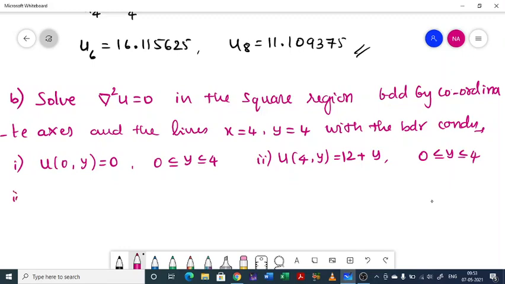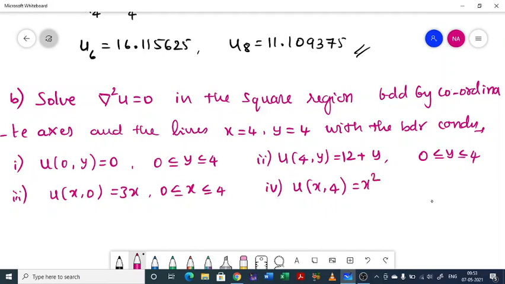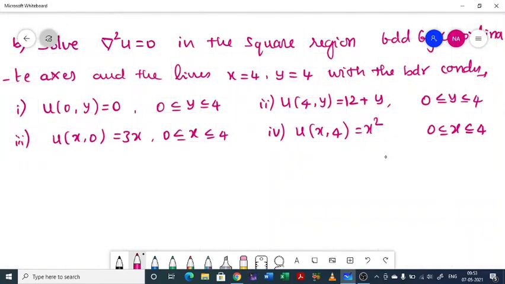The third condition, u of x comma 0 equal to 3x, 0 less than or equal to x less than or equal to 4. Fourth condition, u of x comma 4 equal to x square, 0 less than or equal to x less than or equal to 4. So this is the problem statement.